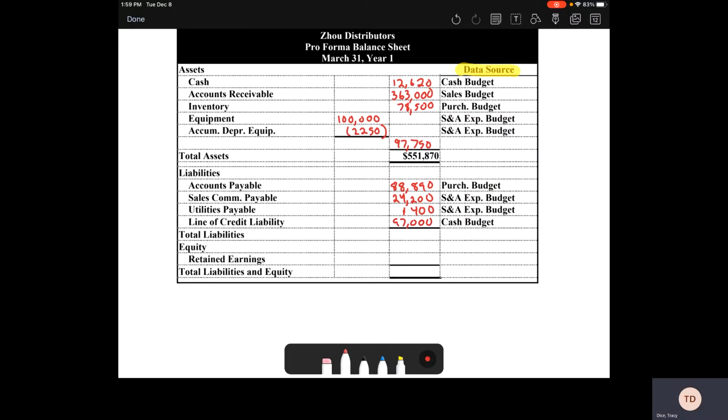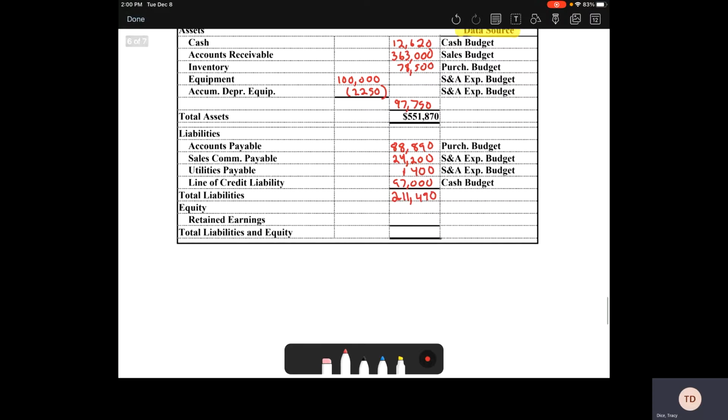So when we add all of those up, we find that our total liabilities are $211,490.